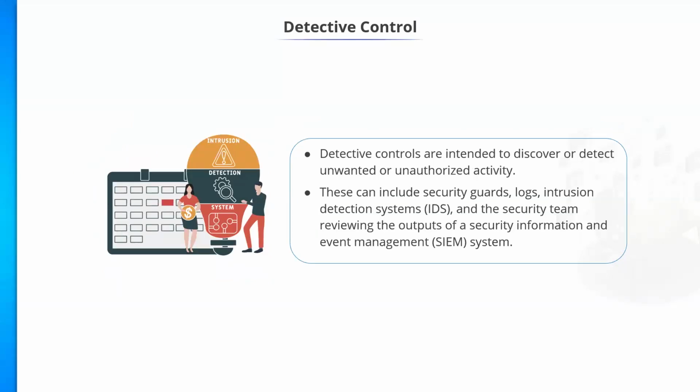Then we have detective, which can detect if something wrong is happening. It is intended to discover or detect unwanted or unauthorized activity. Intrusion detection system, IDS, is basically a detective tool. Then the question comes to your mind: how does it detect?